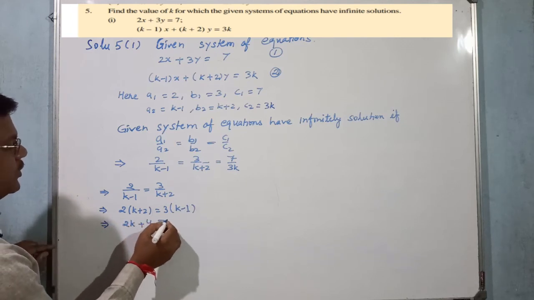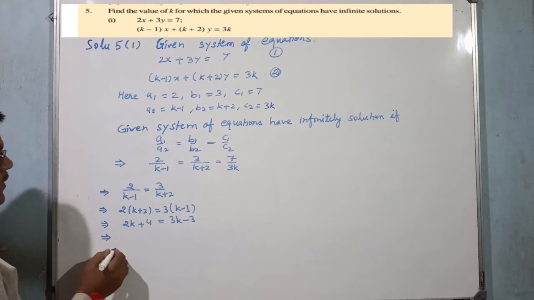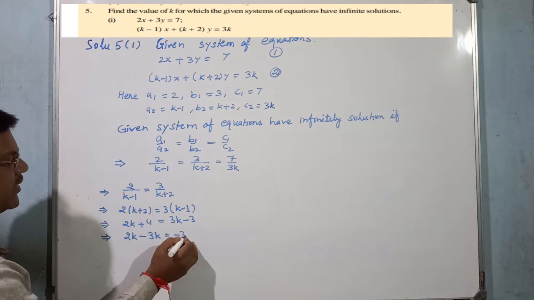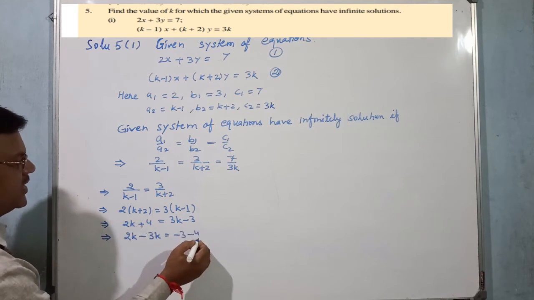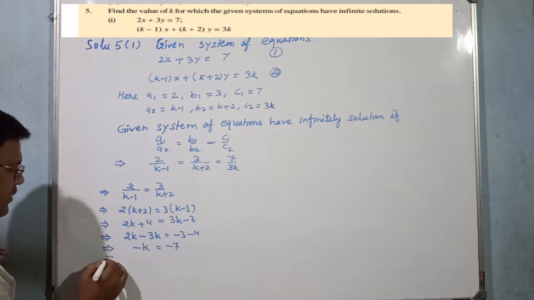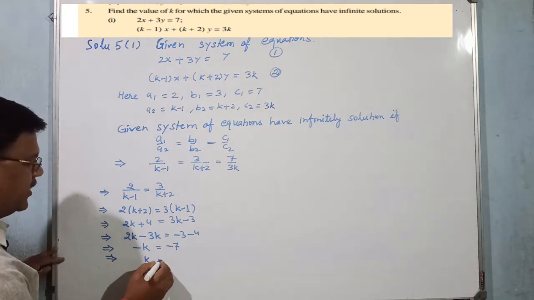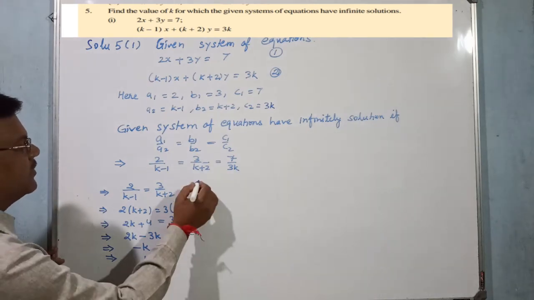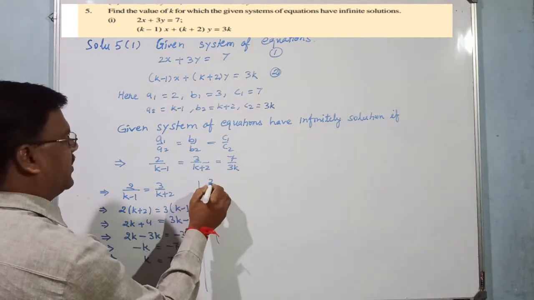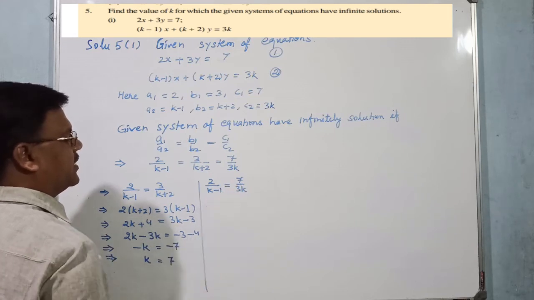2k plus 4 is equal to 3k minus 3. Transpose 3k to left side and transpose 4 to right side. Minus k equal to minus 7. Multiplying both sides by minus, we get k is equal to 7. From first and last, 2 upon k minus 1 equal to 7 upon 3k.